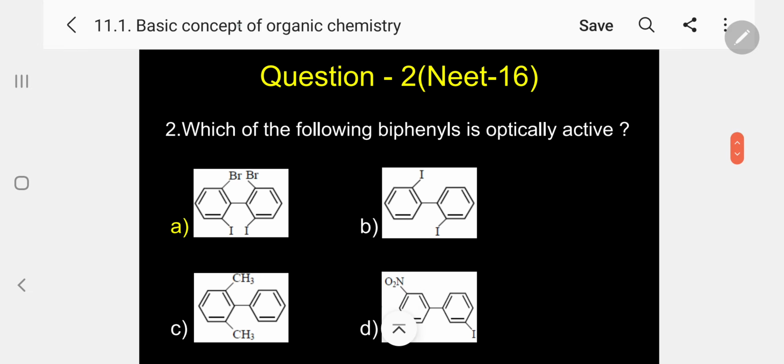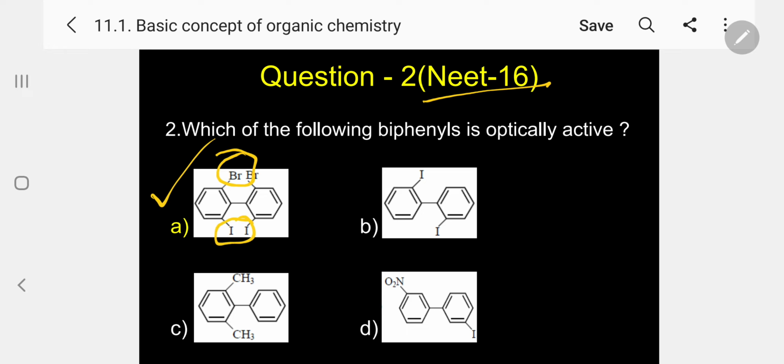Kindly follow. NEET question 16: which of the following biphenyls is optically active? The correct answer is A. Because in this biphenyl compound, in both ortho positions, one is ortho bromine and another is ortho iodine. So the repulsion is high because of large atoms.